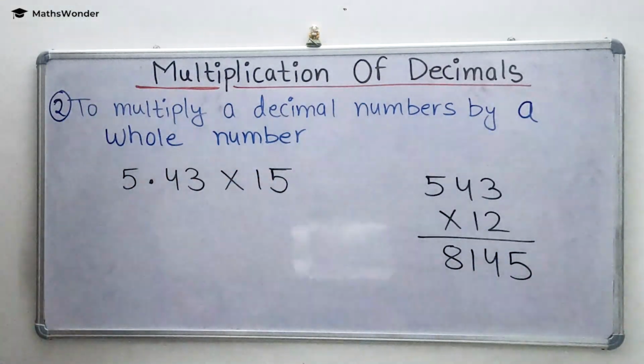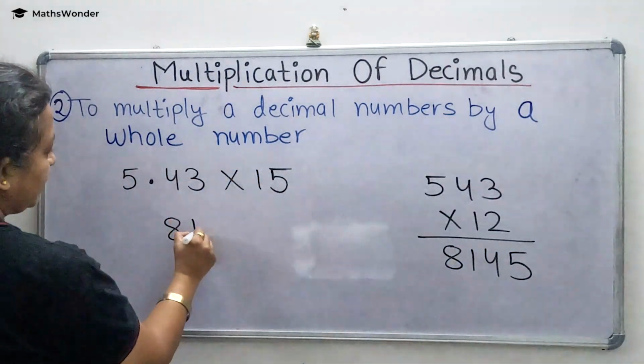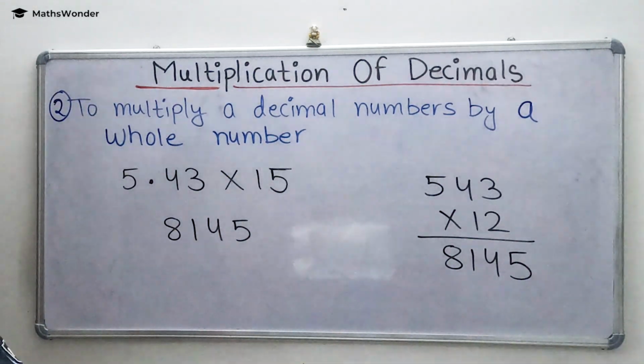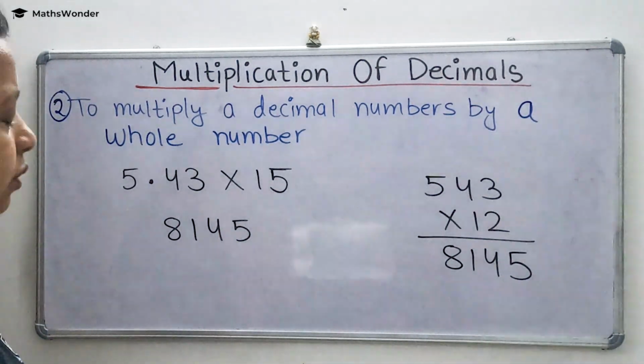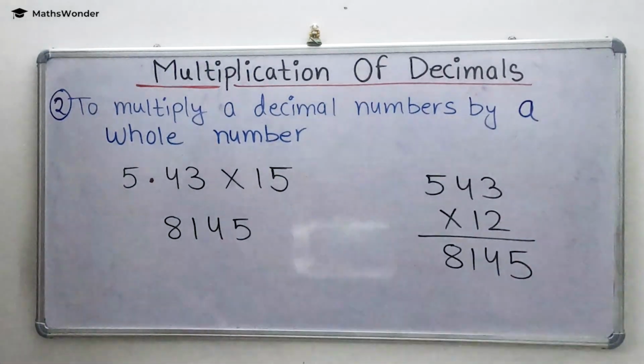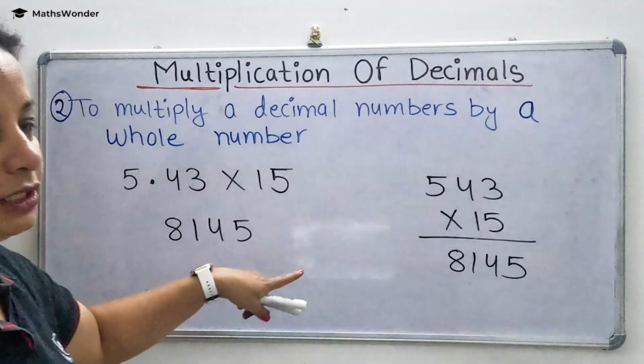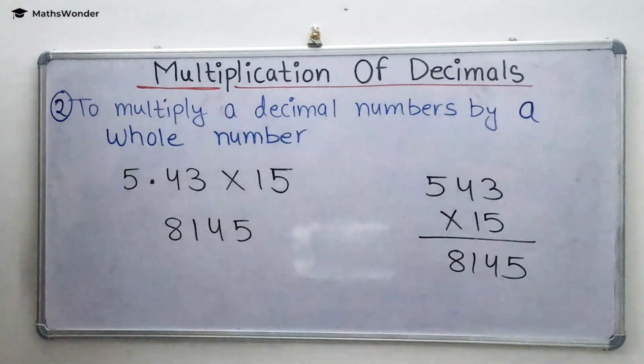Right? 8145. We'll write it. So when you ignore the decimal point and multiply normally, it will become 8145.